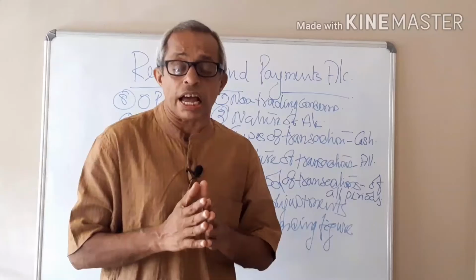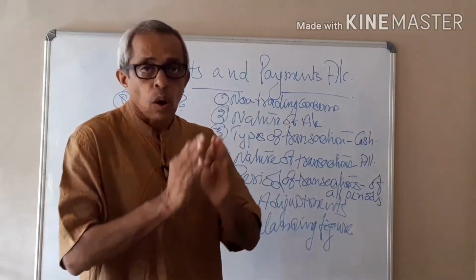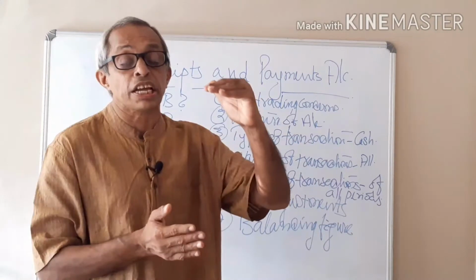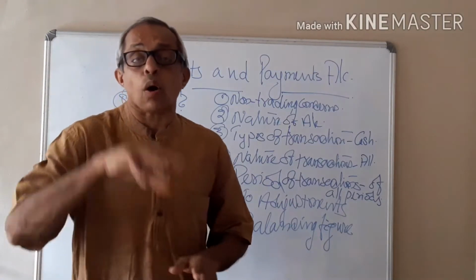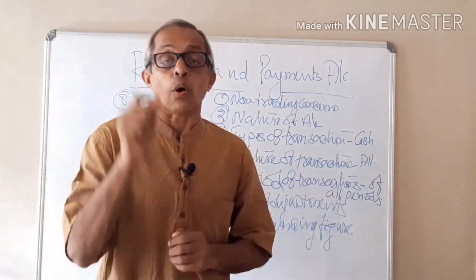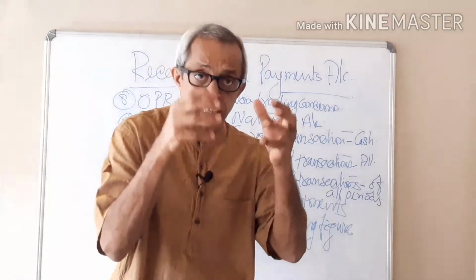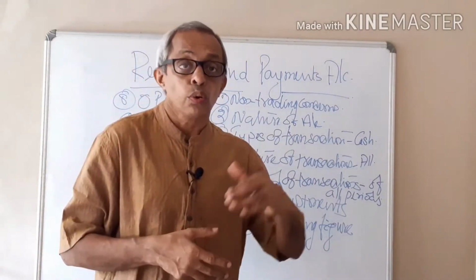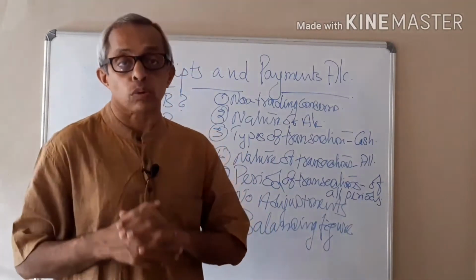And next is, as told earlier, all receipts and all payments. Consolidated headwise receipts will be shown on the receipt side, and all payments headwise will be shown on the credit side or payment side of the receipts and payments account. These receipts and payments belong to the previous year, the current year, and the future years also.